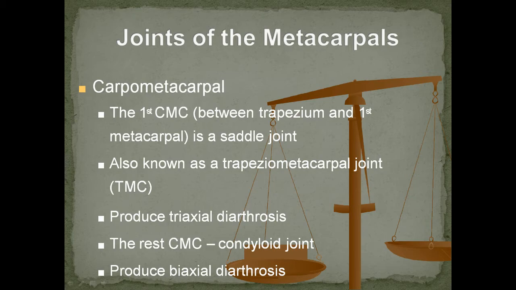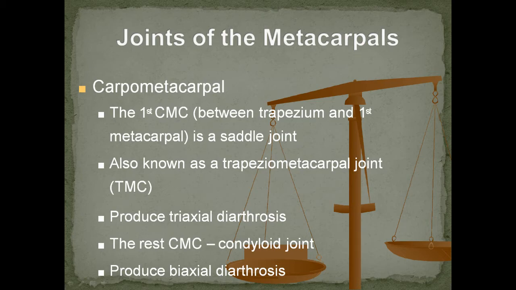The first carpometacarpal joint, between the trapezium and first metacarpal, is a saddle joint, also known as the trapeziometacarpal joint.